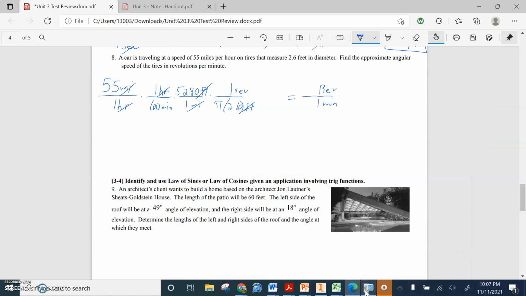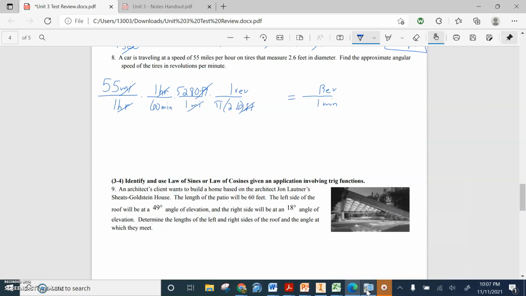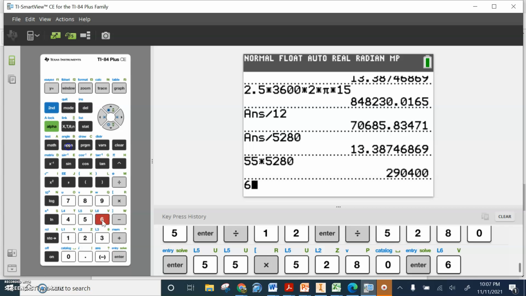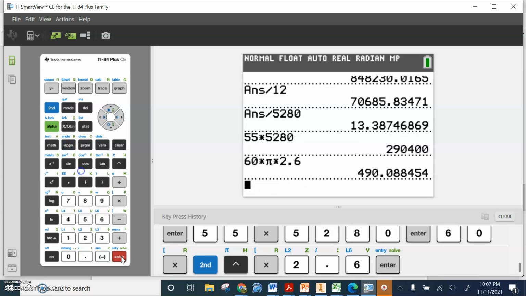That gives us a pretty large number, 290,400. On the bottom, it's 60 and then pi times 2.6. So that would be our bottom number. So we need to take 290,400 on top divided by 490.088.